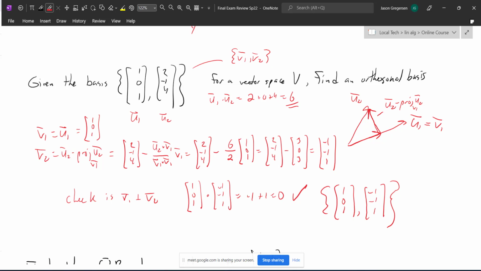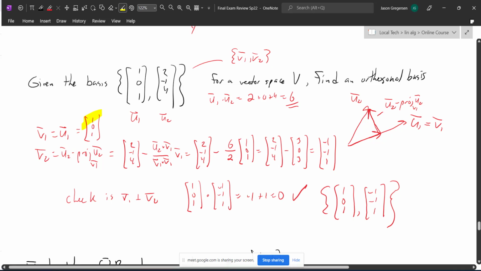All right, I have my calculations up here. Once again, I just started by letting v1 equal u1. And then to calculate my v2, I had u2 minus the projection of u2 onto v1. From there, I always tend to write out my definition of projection, just so I can see all the calculations I need to do. And I just started to chug it out.